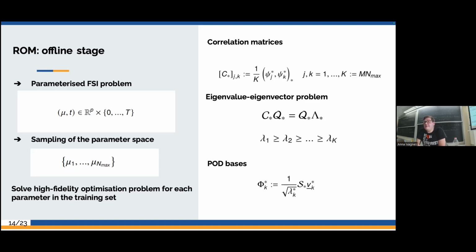And then we define the POD basis in the following form. Also, this form guarantees that the POD bases are orthonormal.